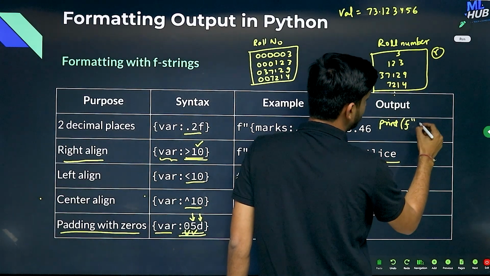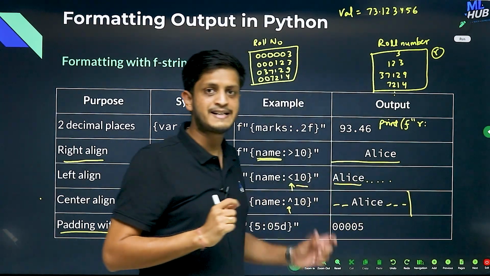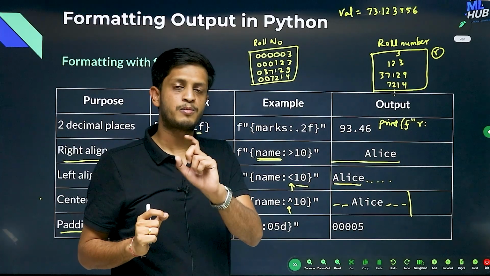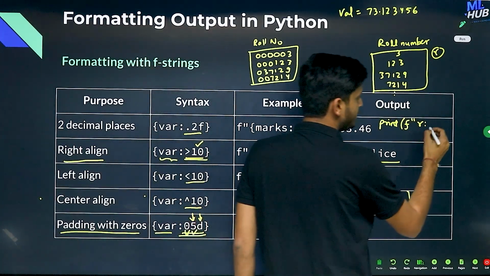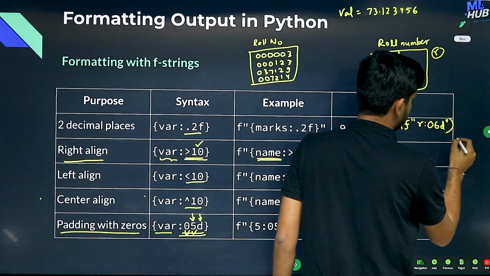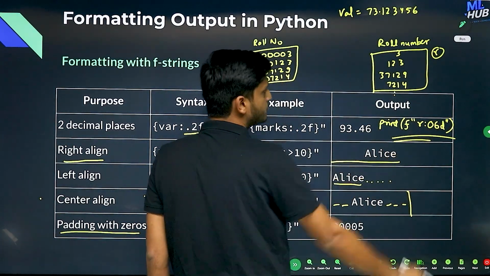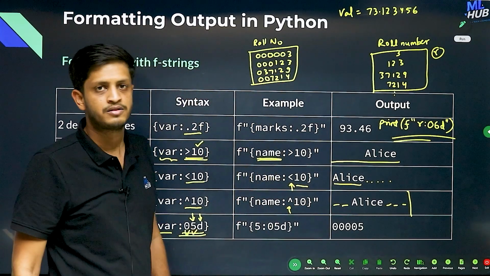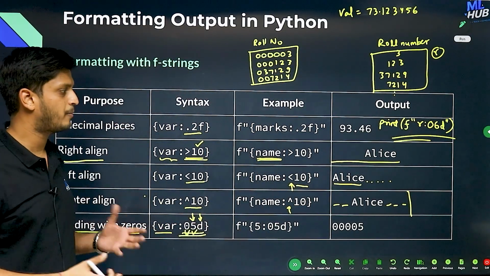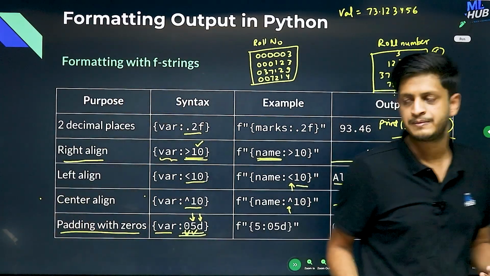I want to print the roll number R, and then I will say every roll number should be printed in 6 digits and padded with zeros. So I will say 06D. Okay, so the roll number will be printed in 6 digits as an integer and zeros will be padded. This is the syntax. This is how formatted strings can be used if you want to print beautified output.